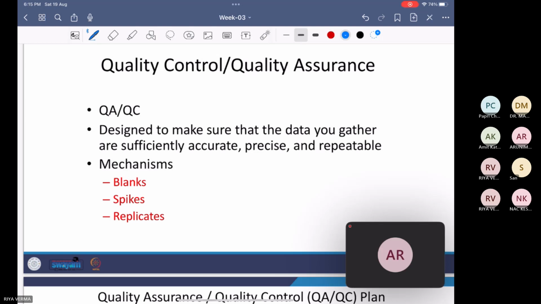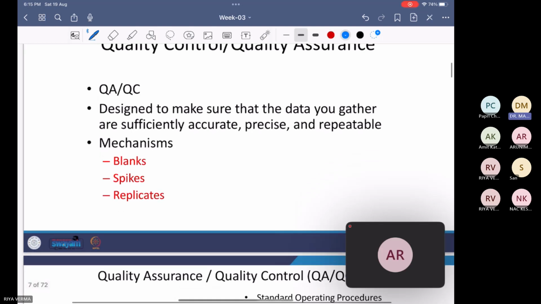That is why different types of quality control mechanisms are there. First we can prepare blanks, then we can go for spikes, and then we can have replicates.